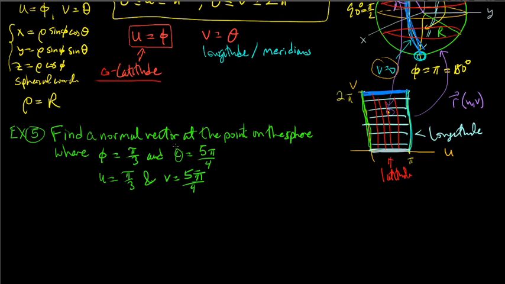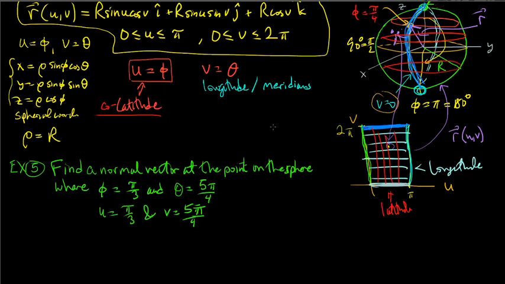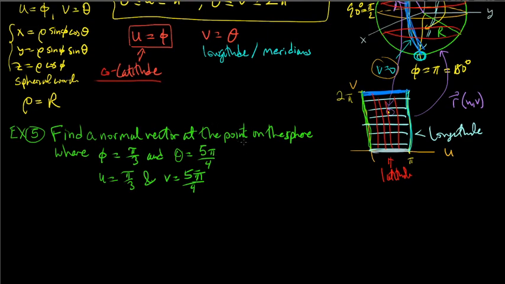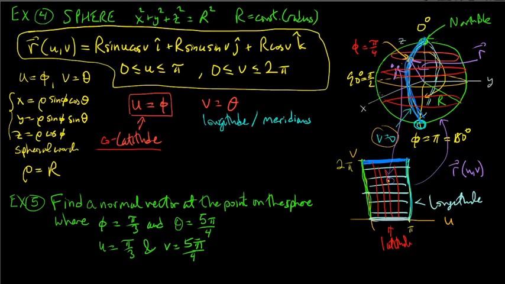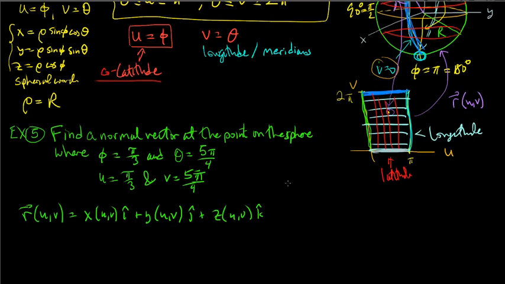So what do we need for a normal vector? Actually, before we talk about the normal vector, what's the point on the sphere corresponding to this longitude and latitude? In general, we have our parameterization, the vector x of u,v times i plus y of u,v times j plus z of u,v times k.